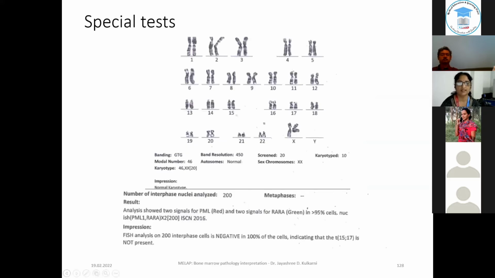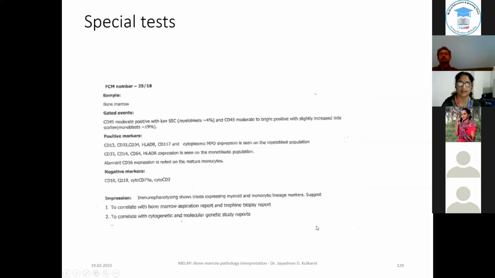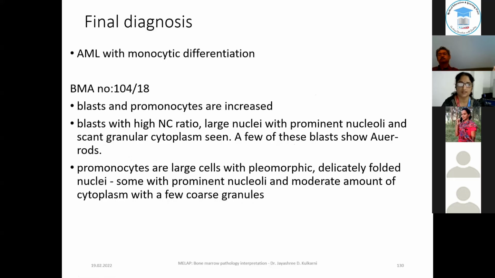But in this case, FISH was done and it was negative for PML-RARA, that is, APML was ruled out, and on flow cytometry, there were myeloid markers as well as monocytic markers. CD14, CD64, HLA-DR, very strong expression in monocytic population. So this was a case of AML with monocytic differentiation.